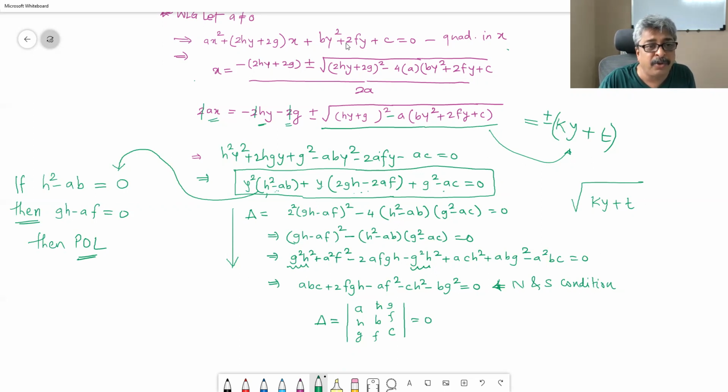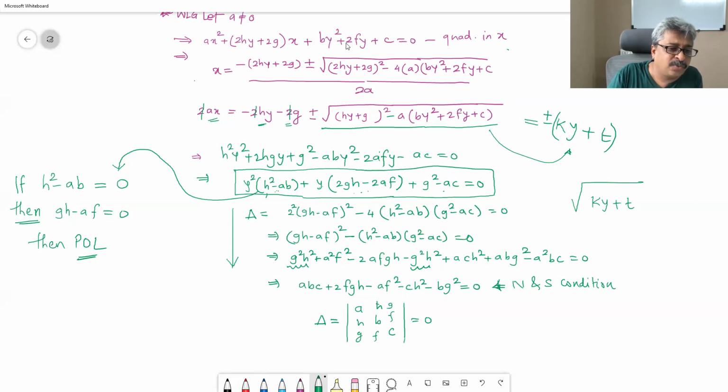Now what kind of pair of lines will these two be? If H square minus AB is 0, GH minus AF must be 0. But then do we really need to change the final condition, or do we automatically get the condition that we are expecting?